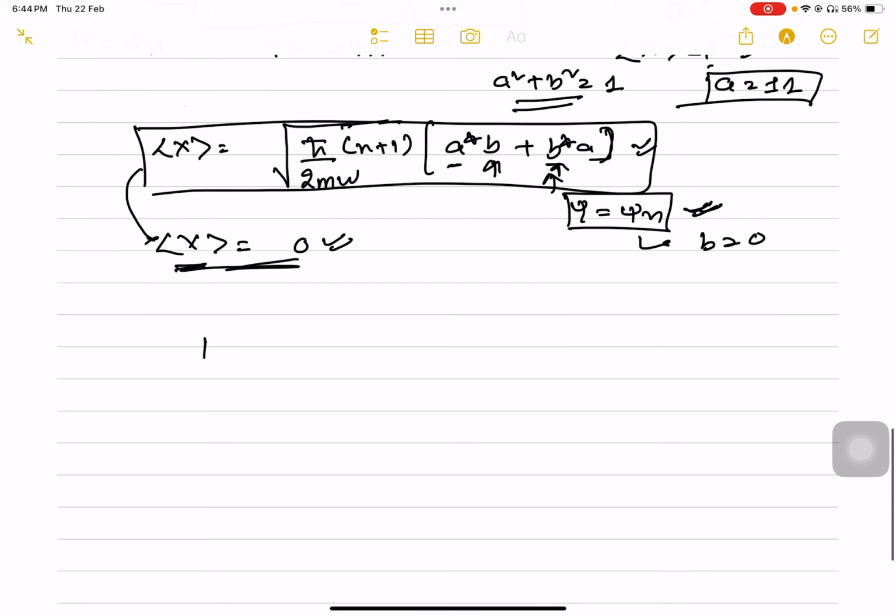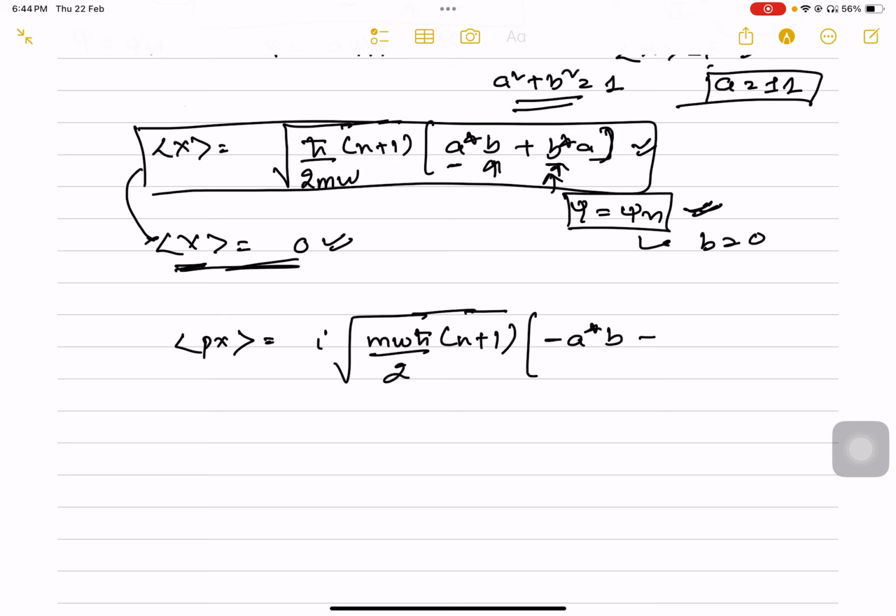The same thing happens for the average of px: iota times root of m omega h cut by 2, times n plus 1, and here you put a minus sign first. This is a trick to remember: the minus sign comes here for px, and iota also comes here.